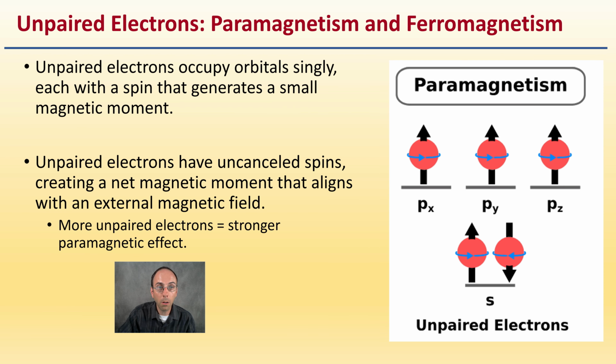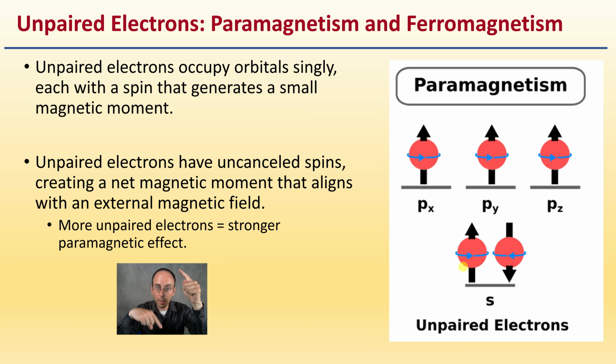Now those unpaired electrons occupy orbitals singly, each with a spin that generates a small magnetic moment. Unpaired electrons have uncanceled spins, creating a net magnetic moment that aligns with an external magnetic field. The more unpaired electrons, the stronger the paramagnetic effect.